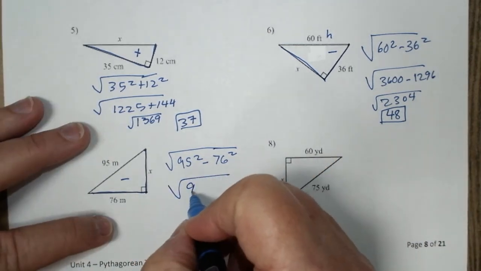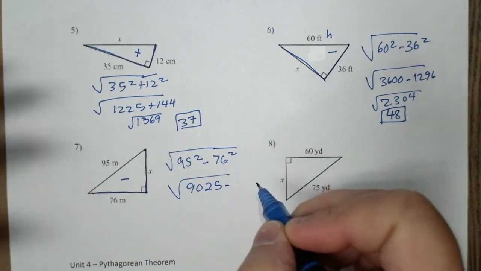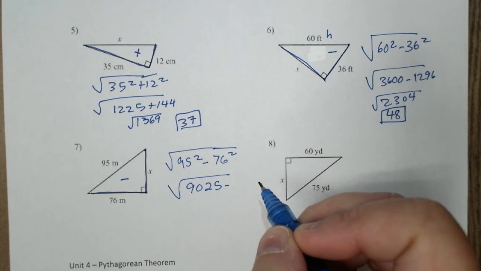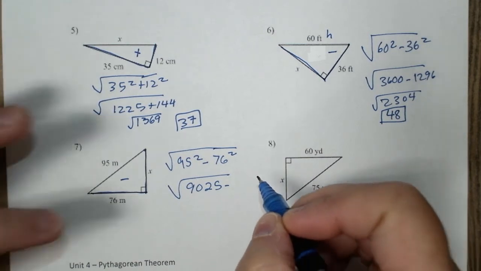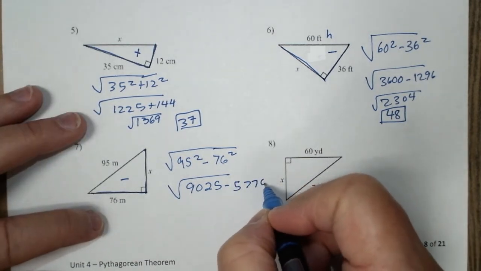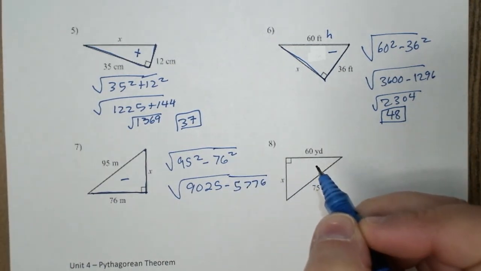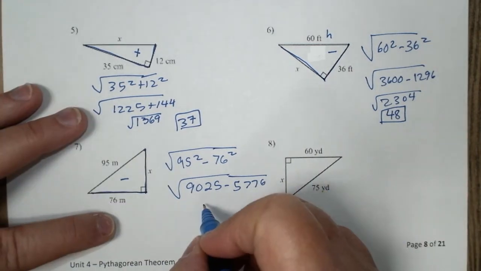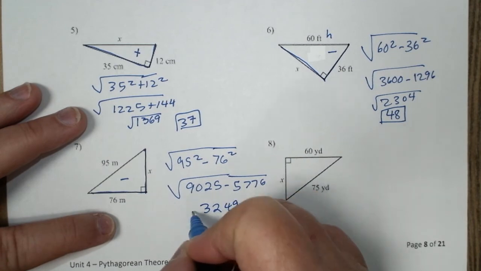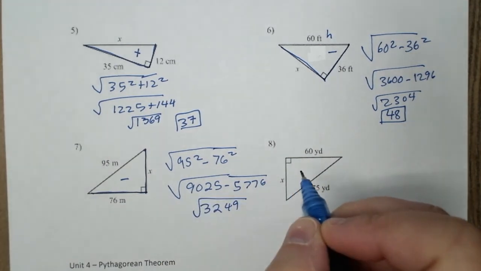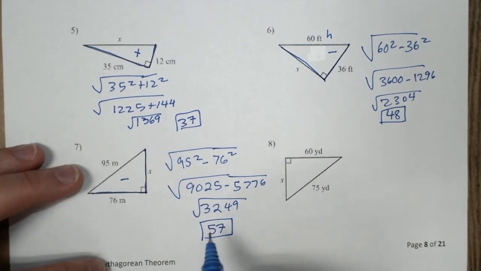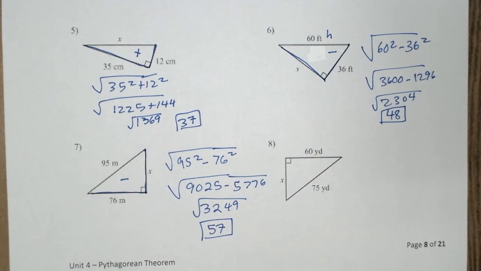This is 9,025 minus 5,776. That's 3,249, and take the square root, and that is 57. And 57 is less than my hypotenuse, so that's an appropriate answer.